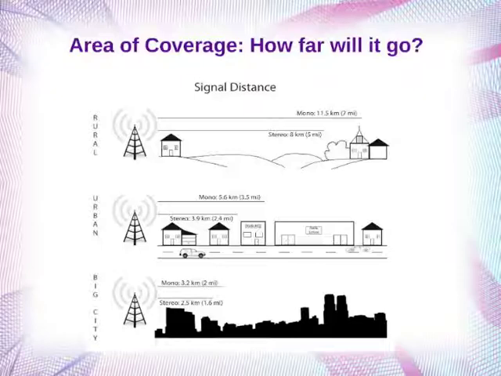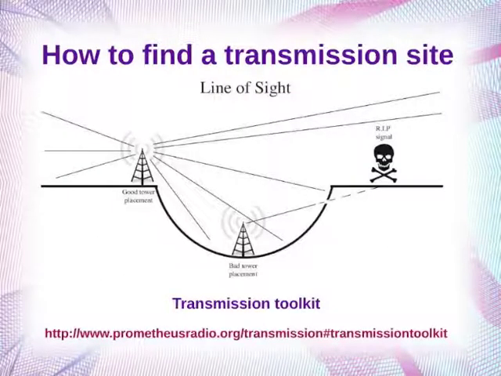Farther in rural areas, not so far in big cities. In addition, interference from other radio stations will affect this, which is usually increased in urban areas and big cities. This is one of the things you want to think about when you're putting your transmitter somewhere.